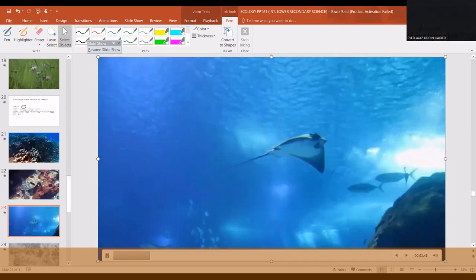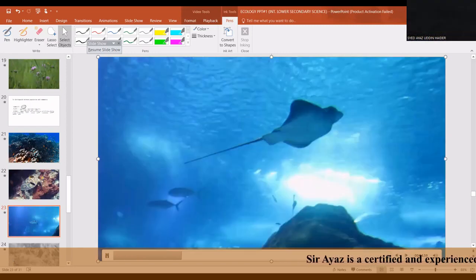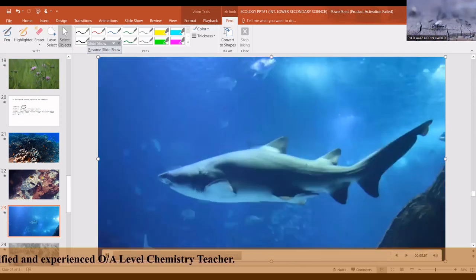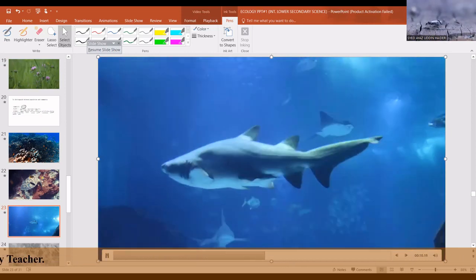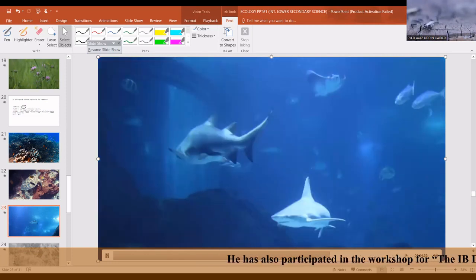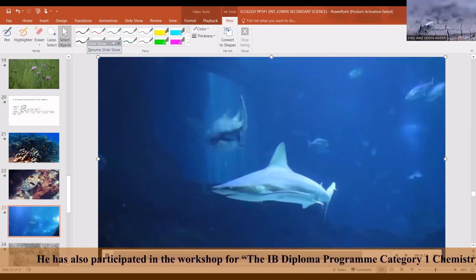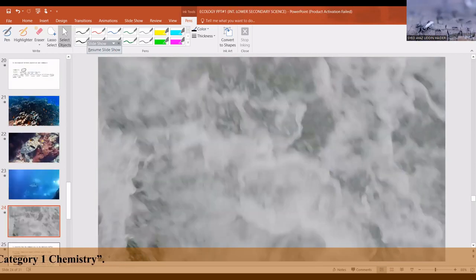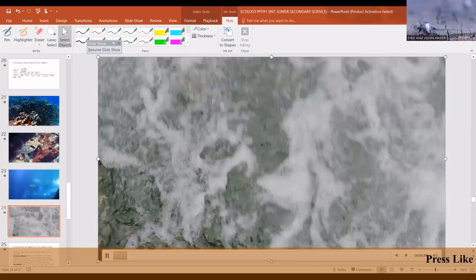This is the video showing ray and some sharks and other kind of fishes found in the ocean. So ocean is a kind of community in which you will find these kind of fishes and other living organisms. Here is a seagrass you'll find in the ocean.